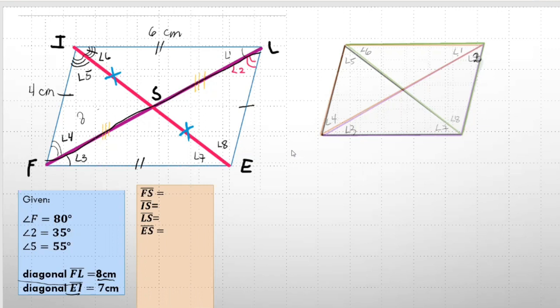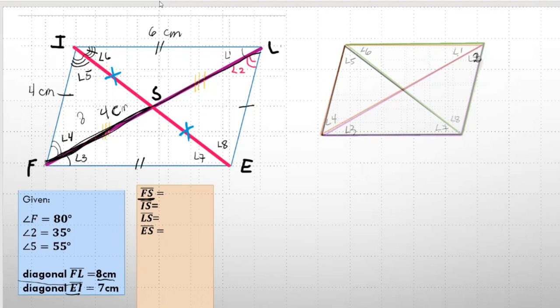So kung ibig sabihin, if we're going to look for the measurement of line segment FS, o this part lang, o FS, therefore, it is 4 cm. Bakit siya 4 cm? Kasi dapat hahatiin natin yung FL into two equal parts.